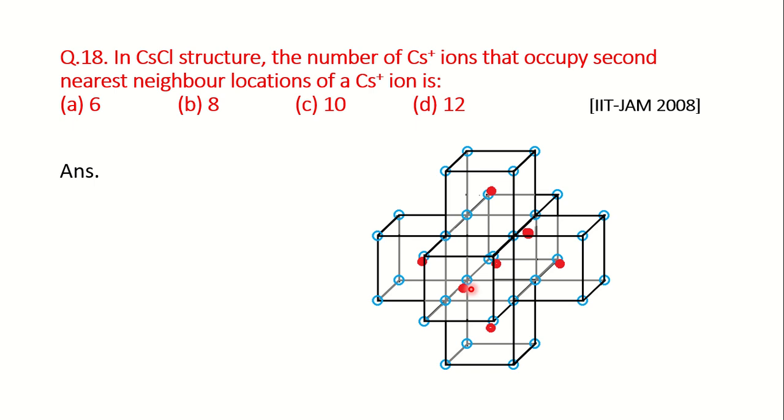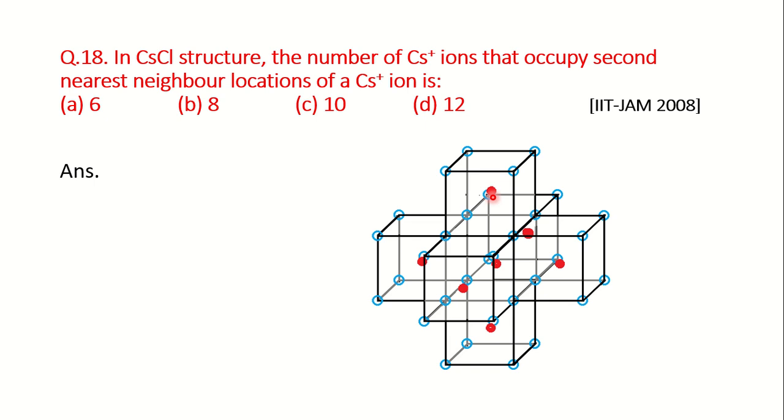So this is a 3D diagram where you can see there are 7 unit cells. One is in the center, and this is second, third, fourth and fifth. This one is the 6th, and this one at the back side is the 7th one.